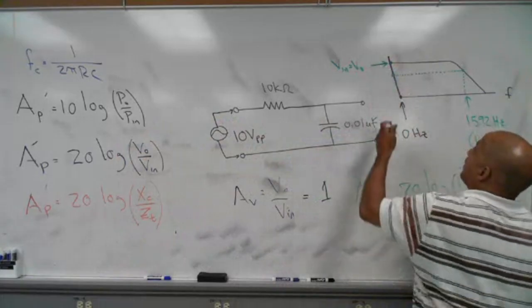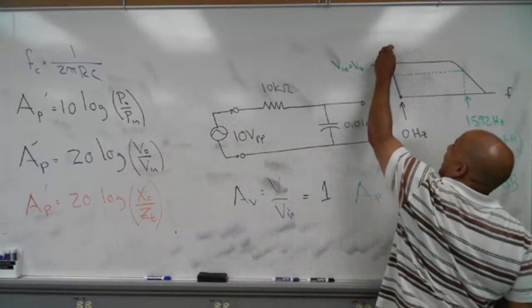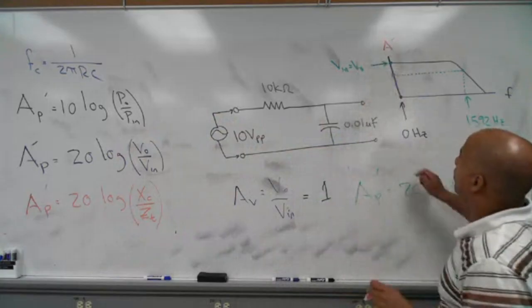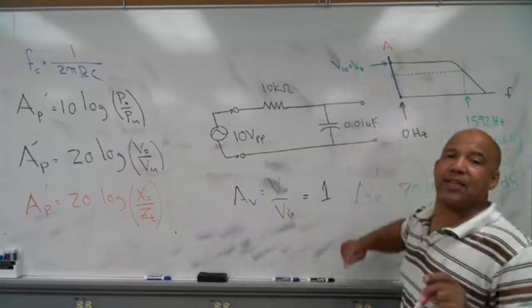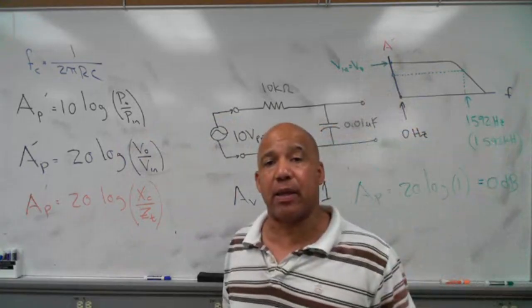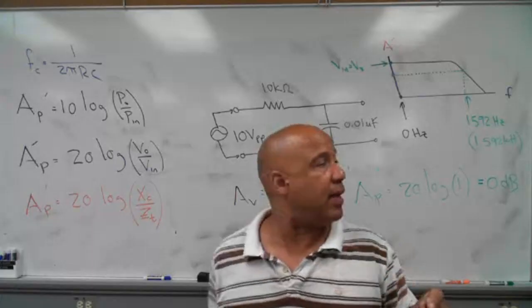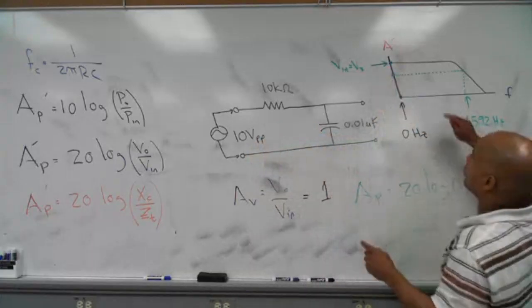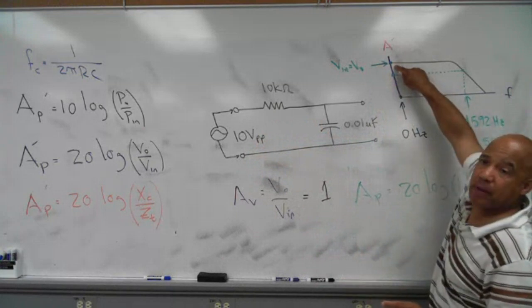This will help you out. This axis can be VI or it can be gain, power gain, right? Well, that 0.707 is also called the 3 dB point. In other words, this point right here is always 3 dB down from that top point.